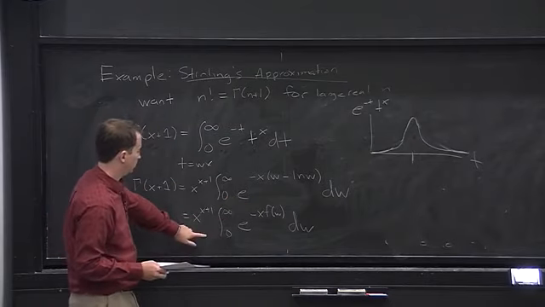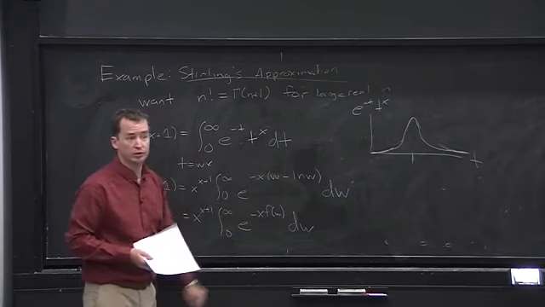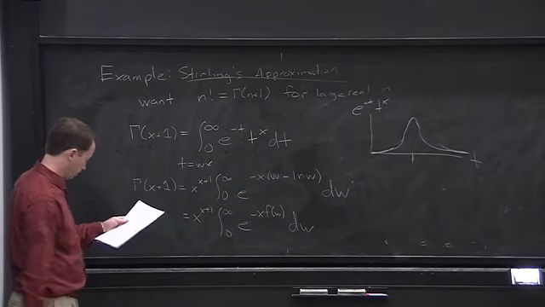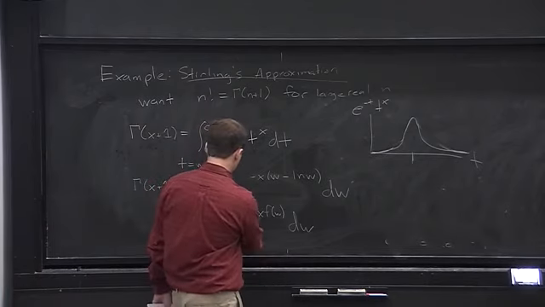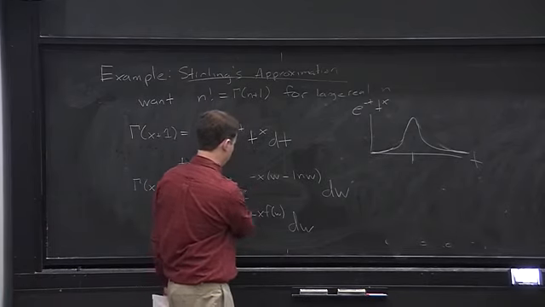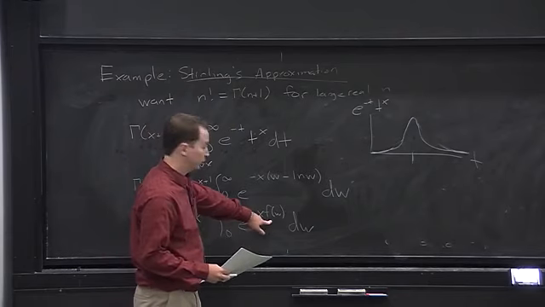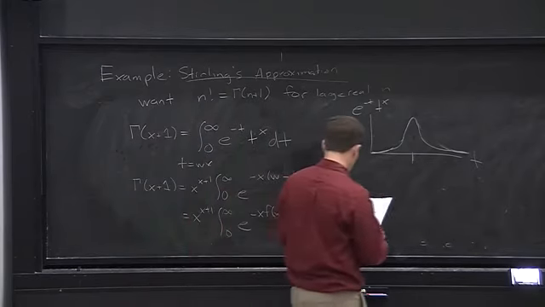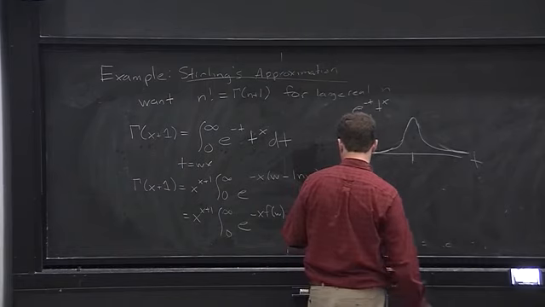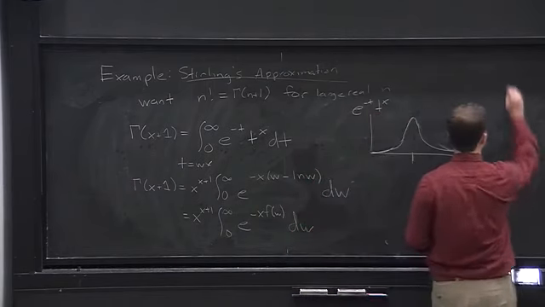If we're not given it immediately, we can massage it to make it look like that. So the idea is we're going to approximate this. Most of the contribution to this integral comes from when f is small, when x is large. So what we want to do is expand f.